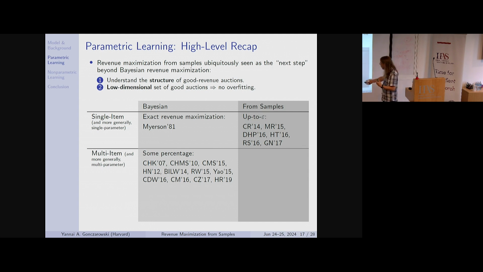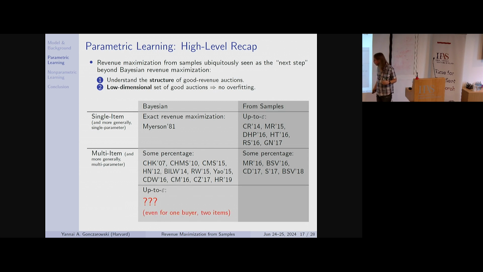There are some beautiful papers that say there are nicely structured classes of auctions, this is the paper I talked about before, Moshe's paper, that guarantee a constant fraction of the optimal revenue. And then there are beautiful papers, this is the Morgenstern-Roughgarden paper we talked about, that show if you optimize over this class, you will not overfit.